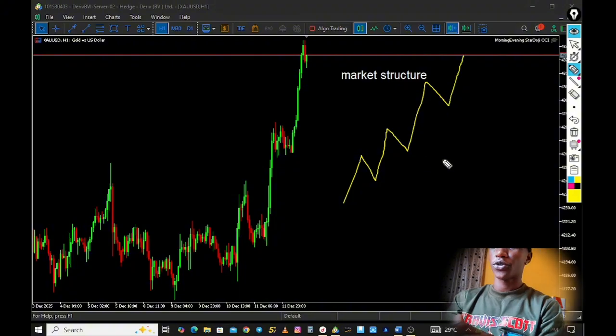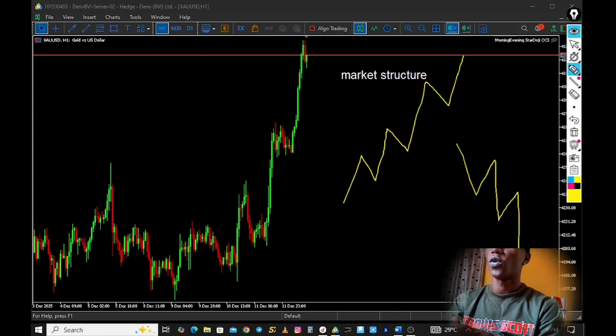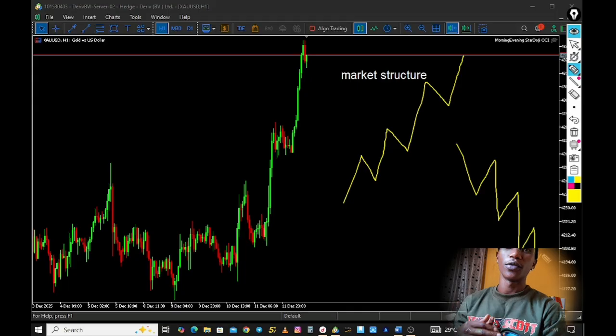And the opposite is true. If the market is creating lower lows, lower highs, lower lows, lower highs, that is a downtrending market. If there's no structure, guys, there is no trade. If there's no structure, don't force trades.